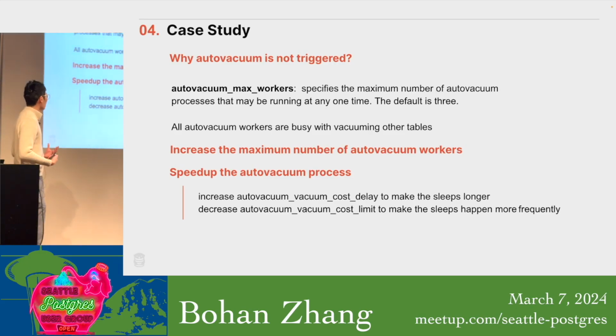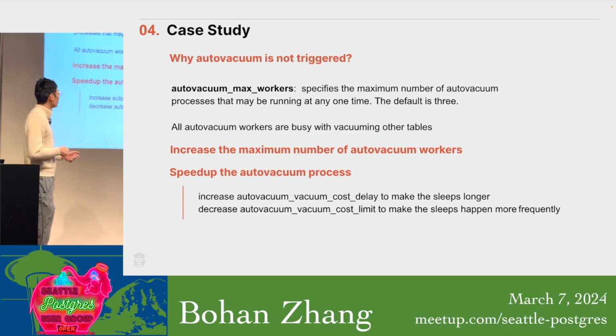One is vacuum cost delay. Another one is called vacuum cost limit. The idea here is that Postgres has a cost model to calculate the cost of your auto-vacuum process. If it reaches a limit, it sleeps a little bit, and then runs the auto-vacuum process again.